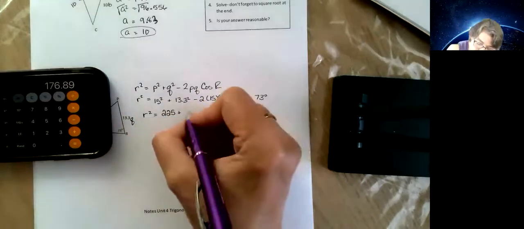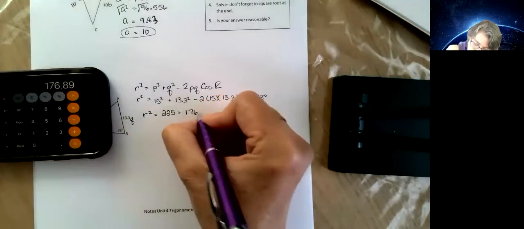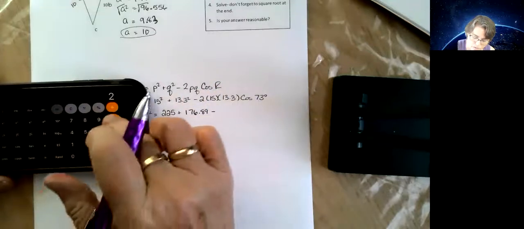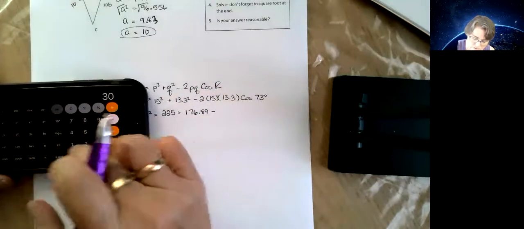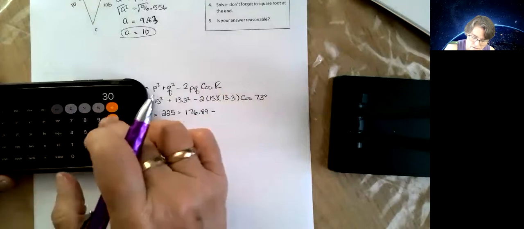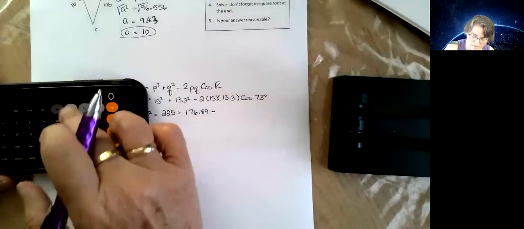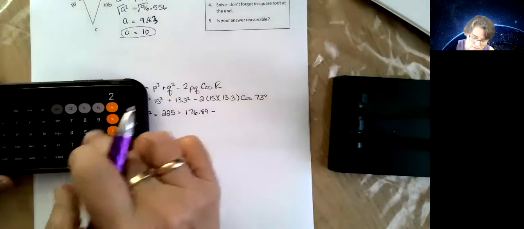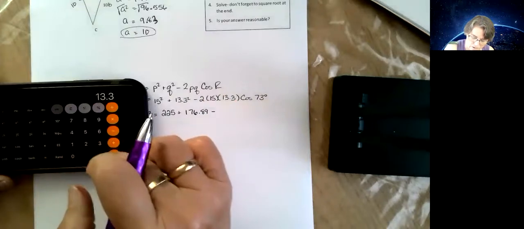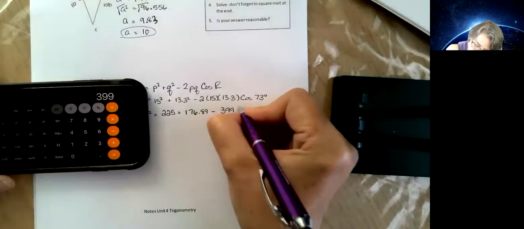Yeah, not bad. 176.89 minus, okay, 2 times 15 times 13.3. Dang it. Start over. 2 times 15 times 13.3, 399. And then I'm also going to do my cos 73.